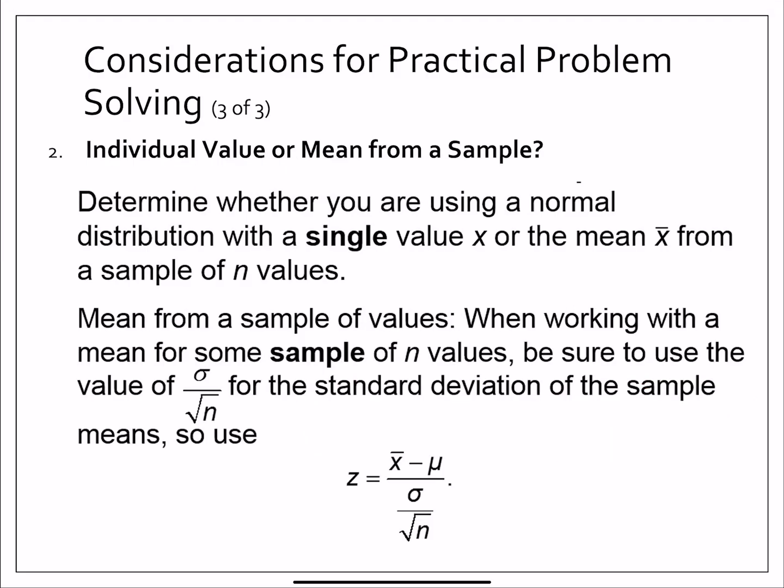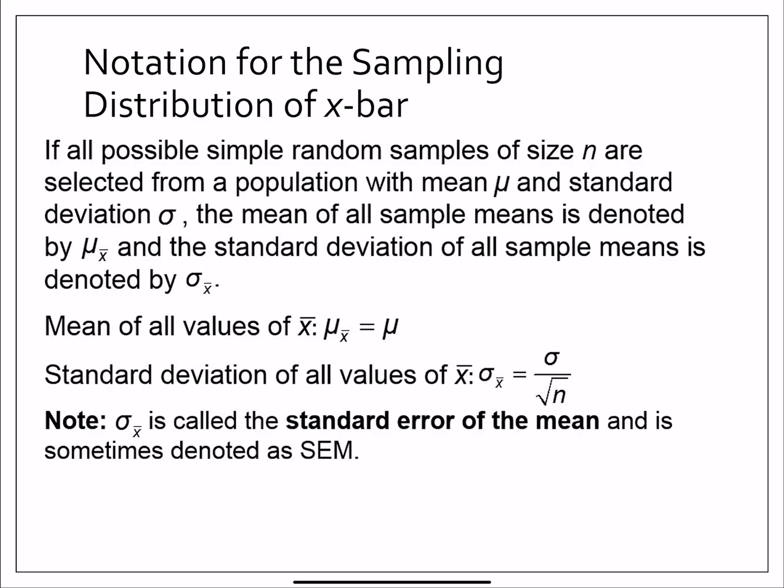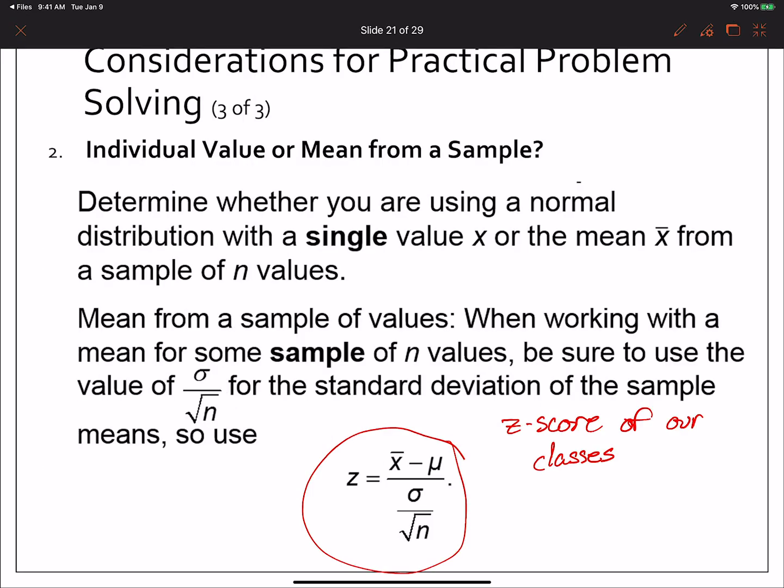And if we were doing a mean, then we would do this one. And this would be like the z-score of our class's height, right? The z-score of our class's average height or mean height. The whole class, meaning we just took the whole class. Let's see, I'm having my spelling problems. Hold on.